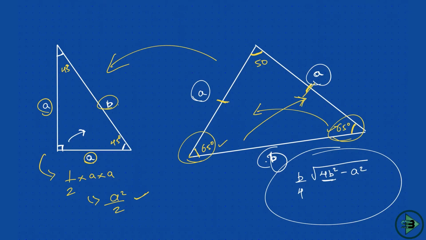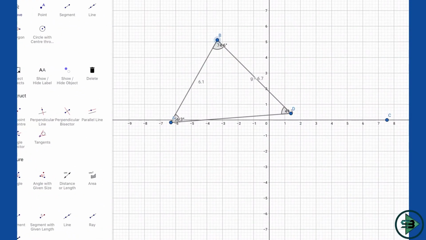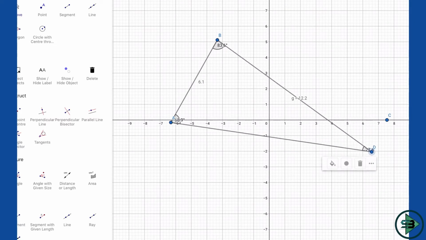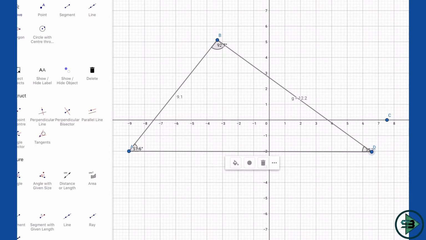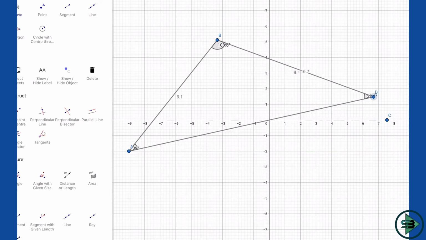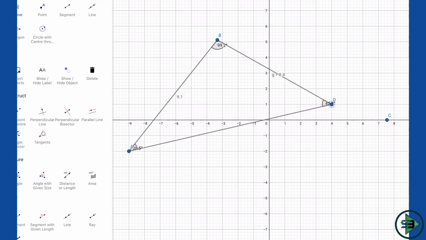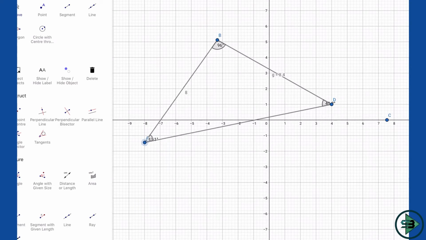And if you want to visualize how the isosceles triangle looks, just make these two angles equal. If this is equal to this, if these two angles become equal, then it will be an isosceles triangle. Let me try and make this. So this is 42, and if we make this also 40, see, both are becoming equal.